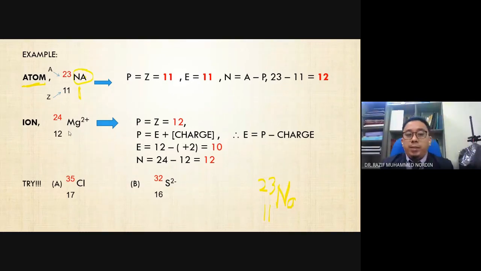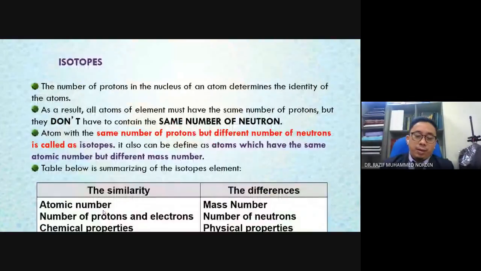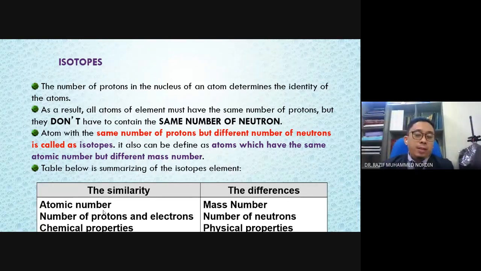And then magnesium: proton is 12, electron is 10, neutron is 12. This one you can try yourself for self-assessment. You need to do a lot of self-assessment.